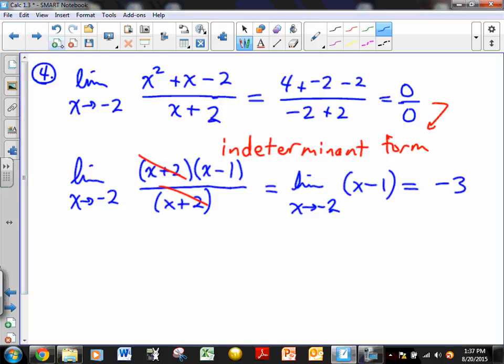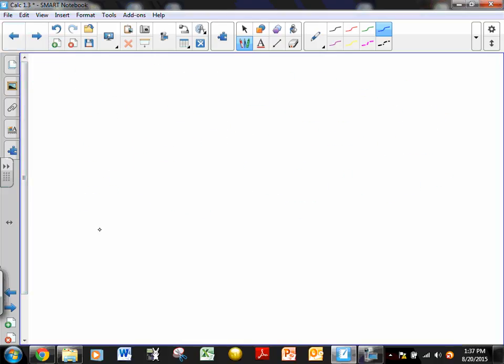Another possibility we might need to encounter, we need to take care of, is rationalizing. If you think back to geometry, even pre-calc, we'd have like 3 over radical 2. We would have to rationalize that.